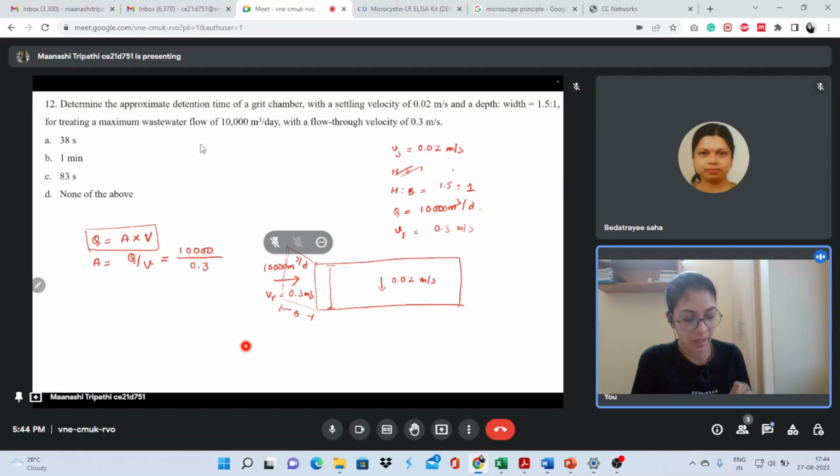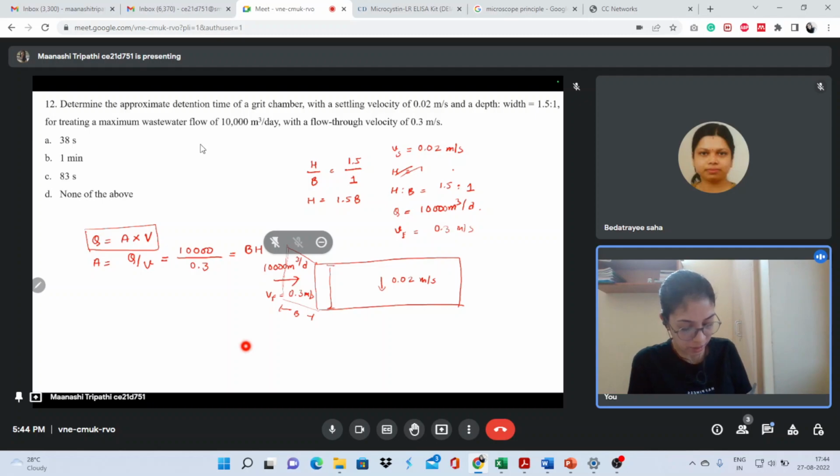We will get the area, and area is equal to width into height, and height is 1.5 times the width. H by B is equal to 1.5 to 1, so height is equal to 1.5 times the width.